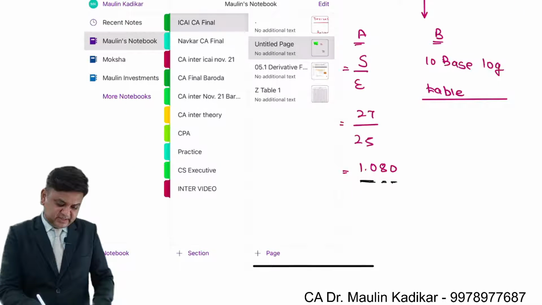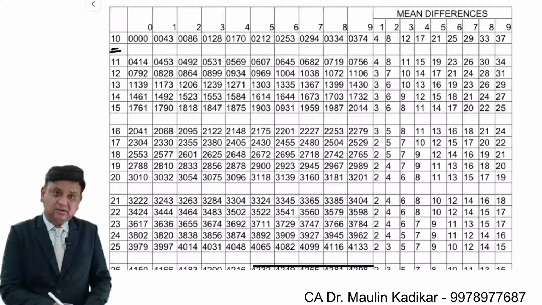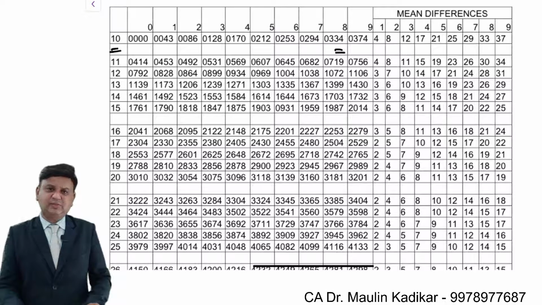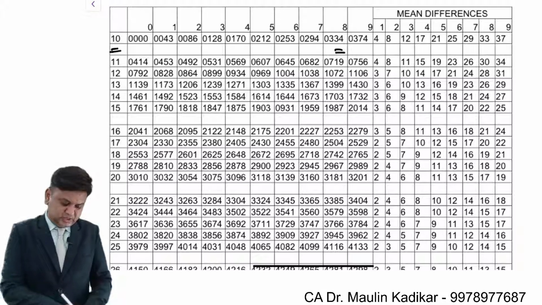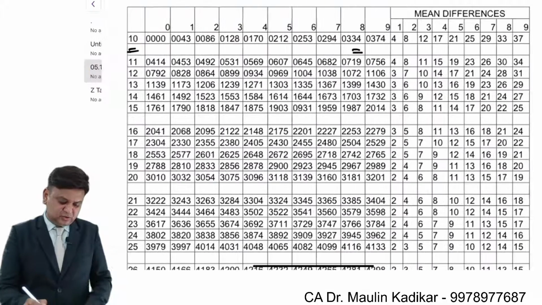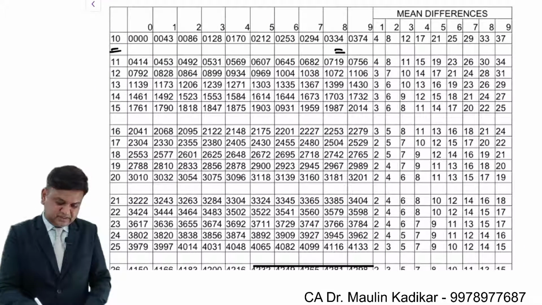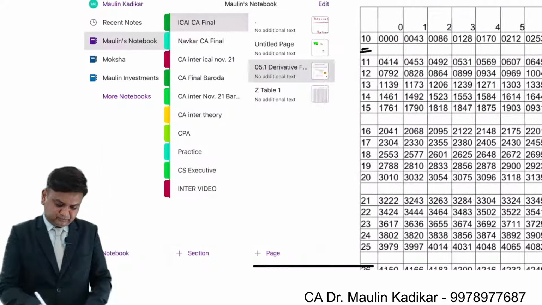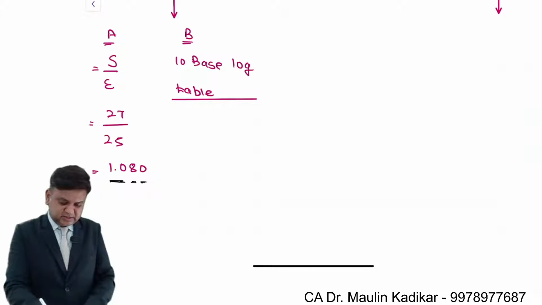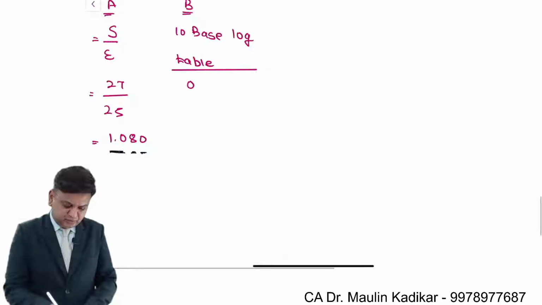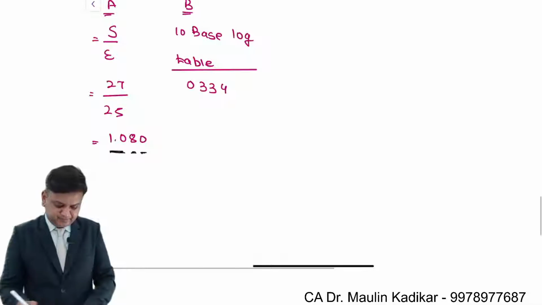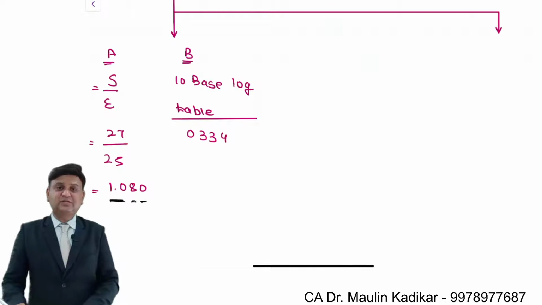So over here we understand 10, 8, and the mean difference 0 is always going to be 0. So the reading is 0334. This is the 10 base log table reading.